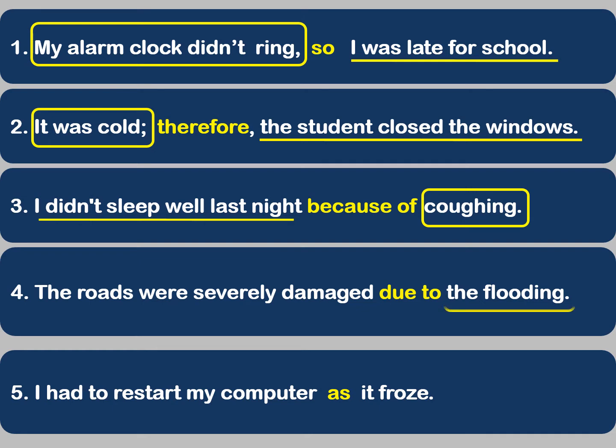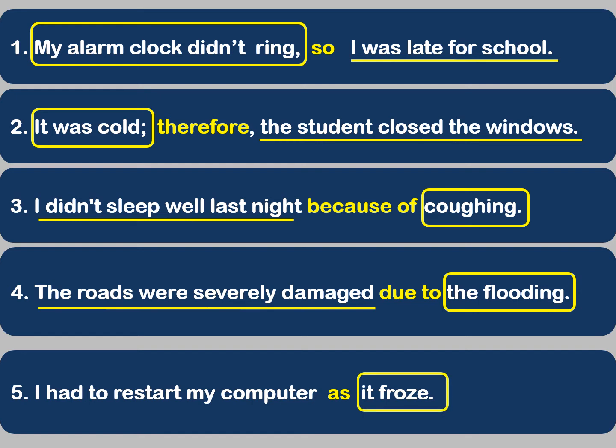The cause in number four is the flooding, and the effect is the roads were severely damaged. Number five, where is the cause? Sure, my computer froze, and the effect is I had to restart my computer.